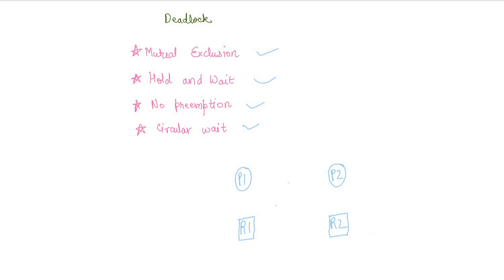So this is P3 and this is R3. Let's say R1 is held by P1, which is waiting for R2, which is held by P2, which is waiting for R3, which is held by P3, which is waiting again for R1.